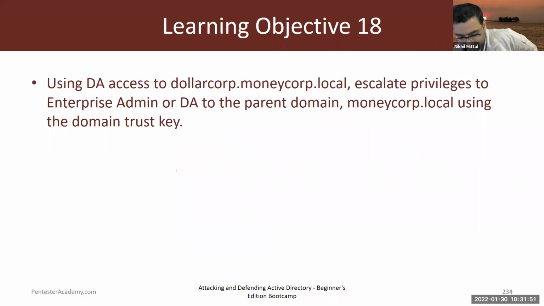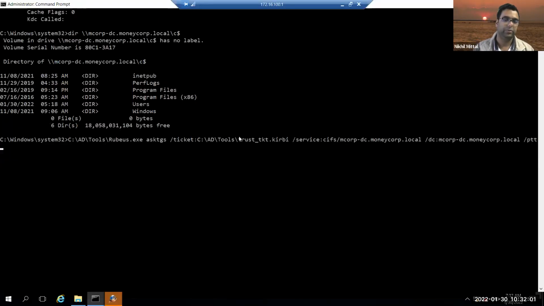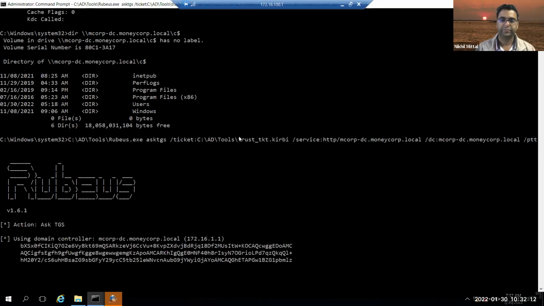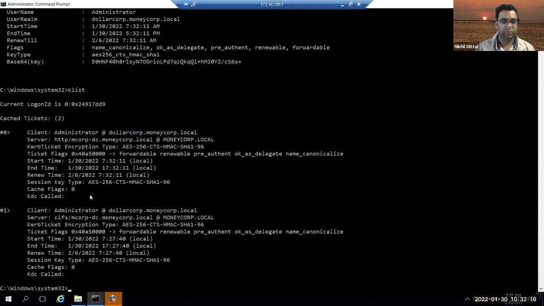Now this is very useful and provides you access to a lot of interesting stuff. If you really insist that I show you that right away, you simply need to request something like HTTP here. Now, if you check, you would have two TGS, and you can simply go ahead and use this.